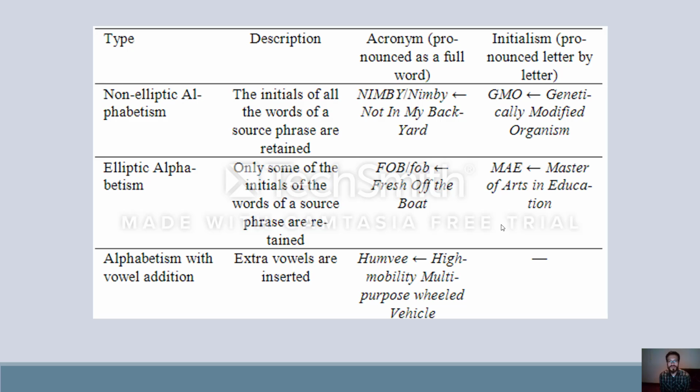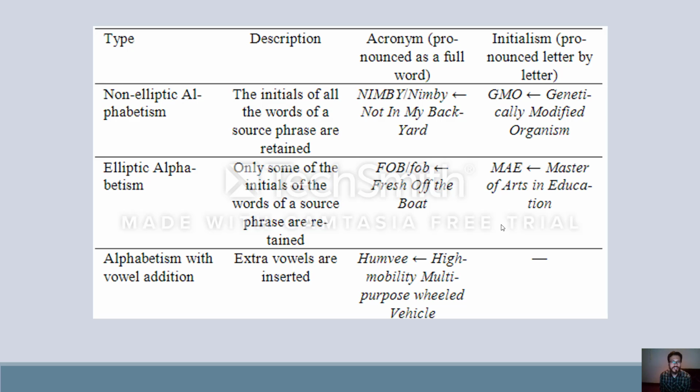If you take out the first letter from every single word, you will have NIMBY. Remember that the initialism must be read as single letters, so you have to say GMO for genetically modified organism. Another type is elliptic alphabetism.